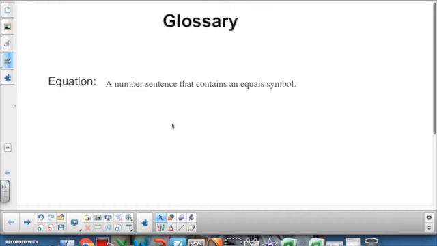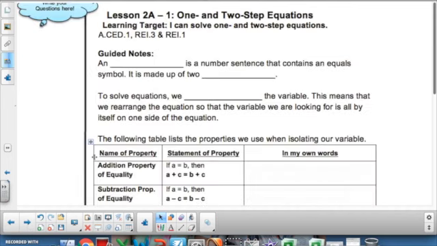All those adding and subtracting polynomials, we still had variables, and a lot of you were concerned that you didn't feel like you had a real answer. And now that we're putting an equal sign in there, we will be able to isolate that variable and find an answer or a solution.